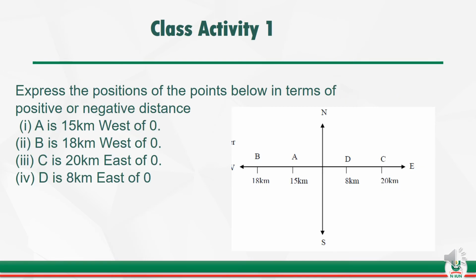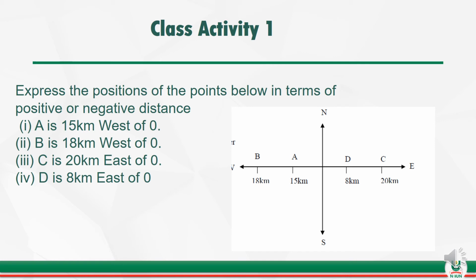Likewise, I believe you can still remember the 4 cardinal points from secondary school and even primary school, whereby we have north, south, west, east, and so on. It's still talking about a number line too. If you look at the center here, that is where the two lines intersect. That is the 0 region.